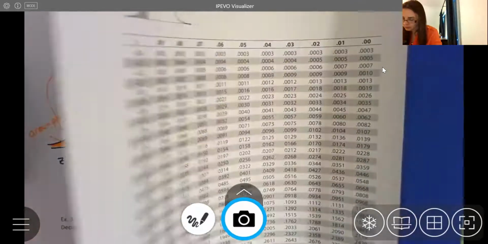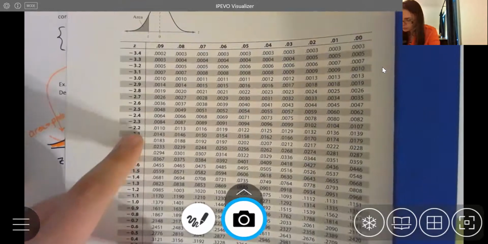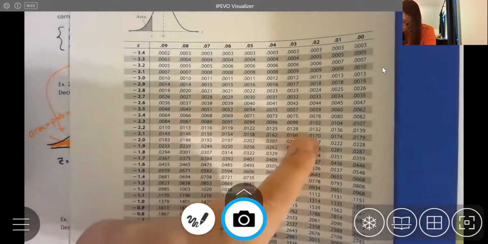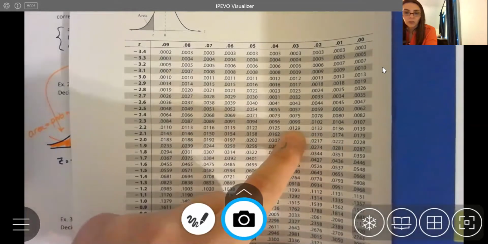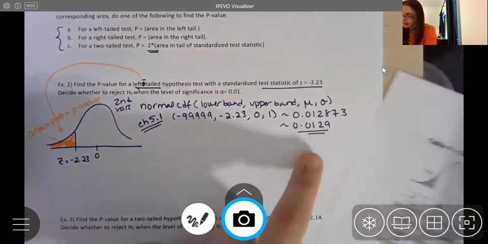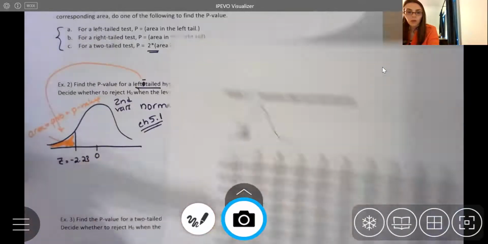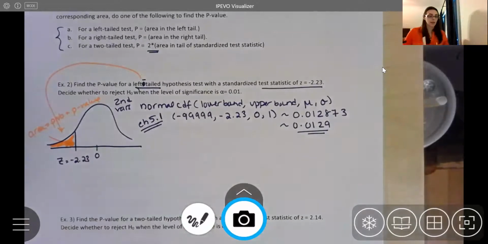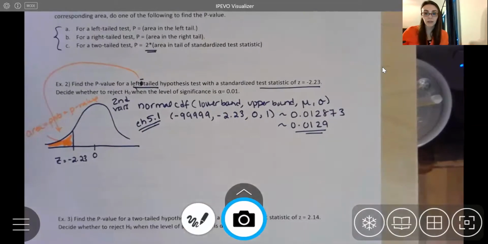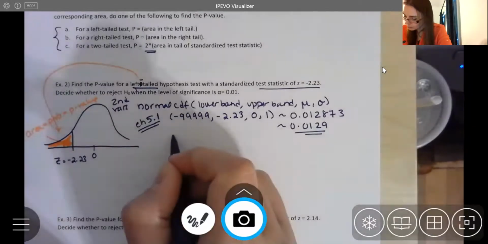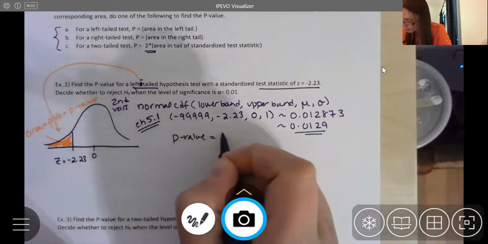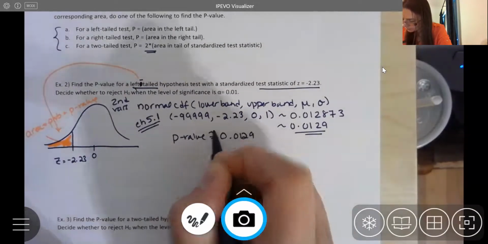If I look at negative 2.23, so I have negative 2.2, and I see I get 0.0129, which is the same value that I got. So you can either use your tables, or you can go back and use that formula for the calculator. There's really nothing new in this part of it. So your p-value here is about 0.0129.